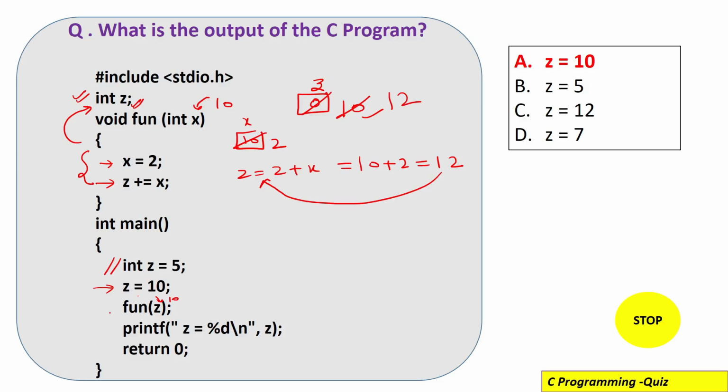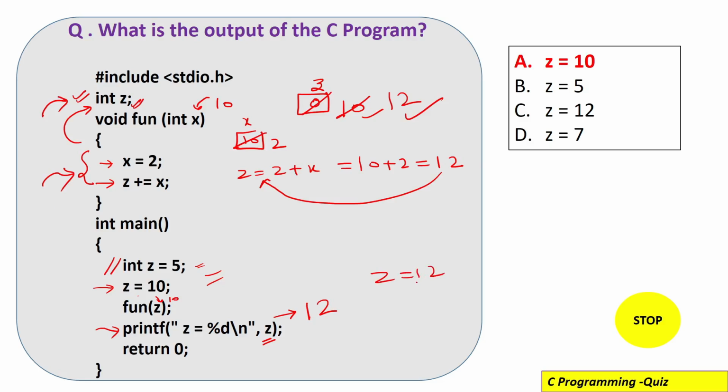Now we will come here and again print z. Because we do not have any local variable here, since we have commented it out, we will check only the global variable, and the global variable has been assigned the value 12 via this function. So the global variable has the value 12, and that's why we were getting z equal to 12.